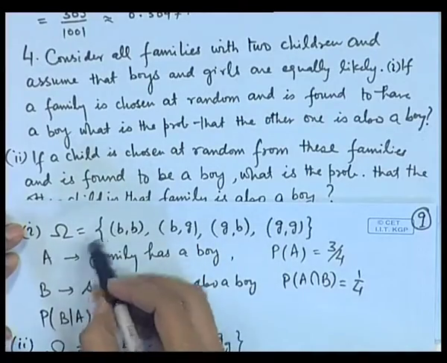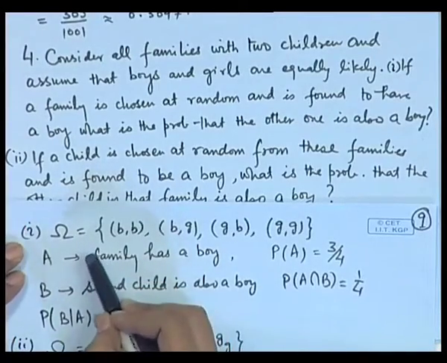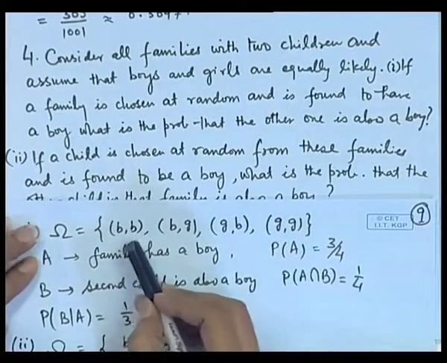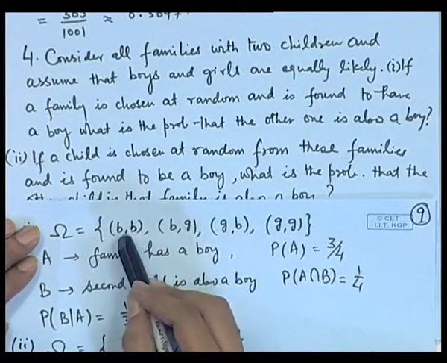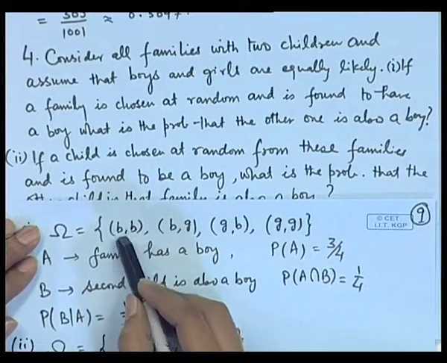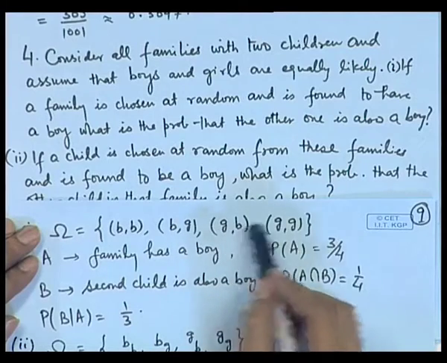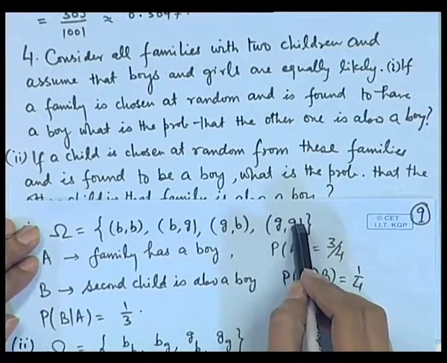You will see that the representation of the sample space will be different in both cases. Let us take the first case. In the first case, we are considering families with 2 children. So we can put it as an ordered pair: both of them are boys, first is a boy and second is a girl, first is a girl and second is a boy, or both are girls.